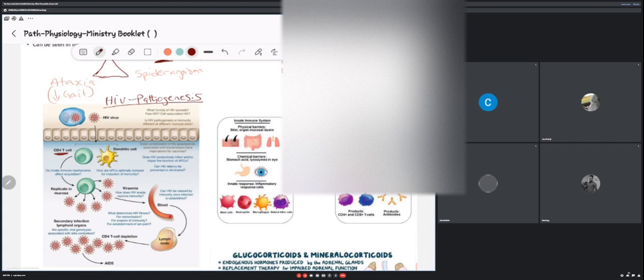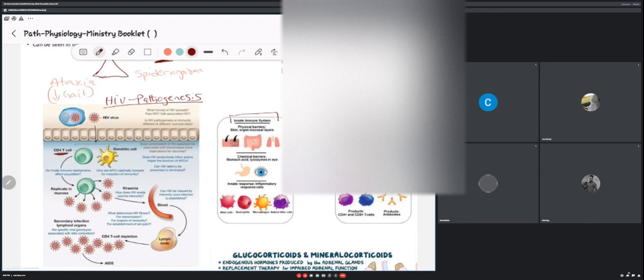First of all, the immune system is divided into two: the innate immune system and the adaptive immune system. Innate means the ones you are born with, like your character or your skin complexion. Adaptive is the one that you modify as you grow up or develop.